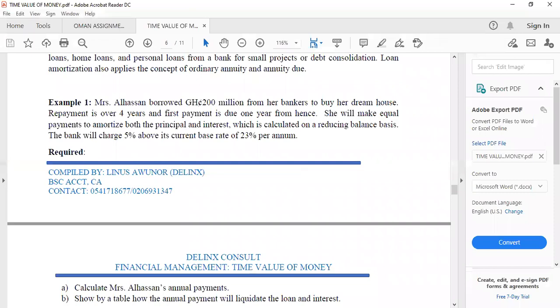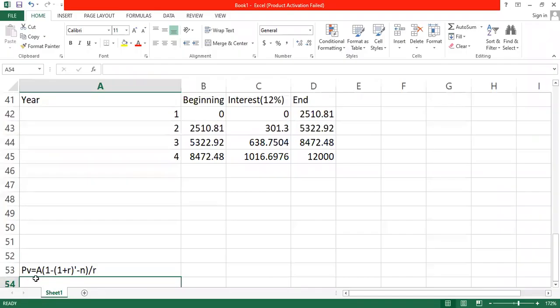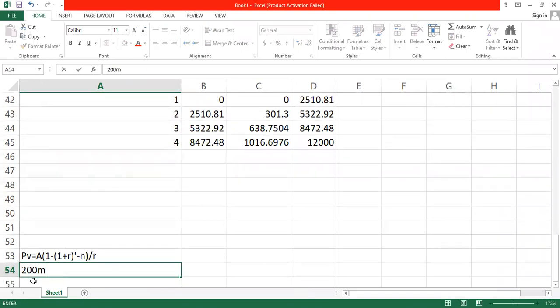200 million. So the present value is 200 million. So we have 200 million is equal to; do we know the amount that we will be paying at the end of every year?